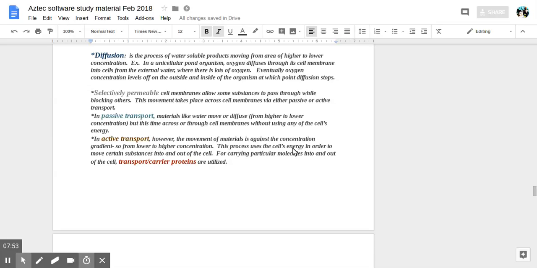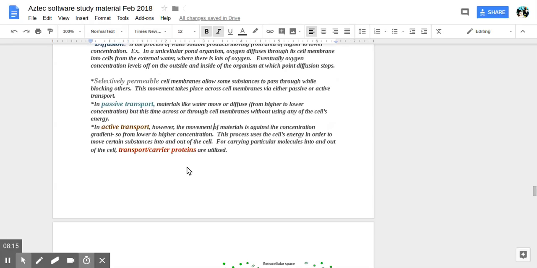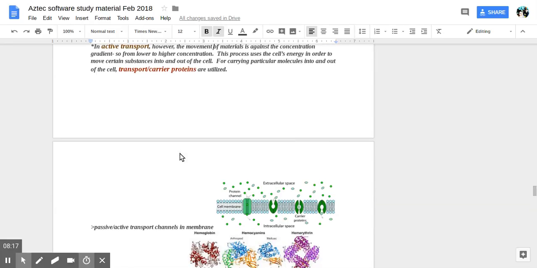This process uses the cell's energy in order to move certain substances into and out of the cell. For carrying particular molecules into and out of the cell, transport carrier proteins are utilized. Yeah, they're called transport or carrier proteins.